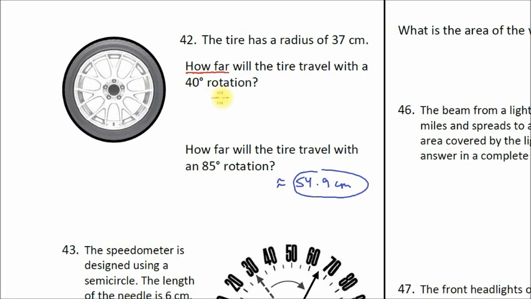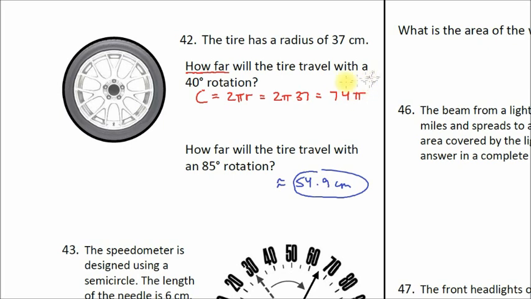So in order to do this one, we're going to find circumference first. Remember, we got to know the whole thing first, and then we're going to find what part we want. Circumference is 2 pi r, which is 2 pi, and the radius is 37. 2 times 37 is 74.